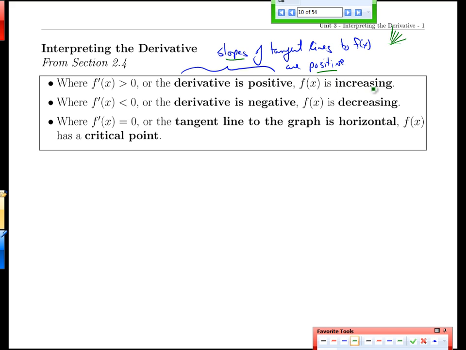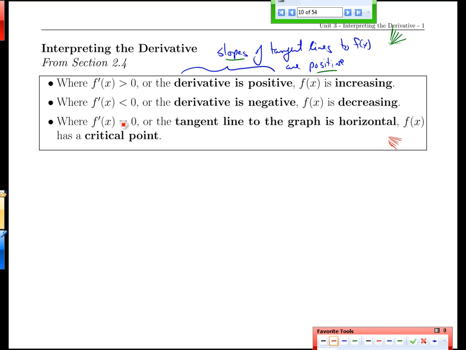And just the opposite occurs when you have negative derivative values. Why? Because the slopes of the tangent lines to f of x are negative instead, and under those conditions, as you move from left to right, your function will be decreasing.